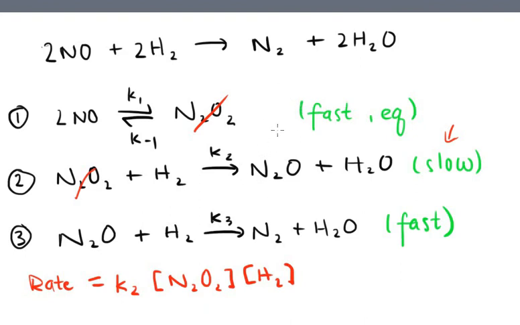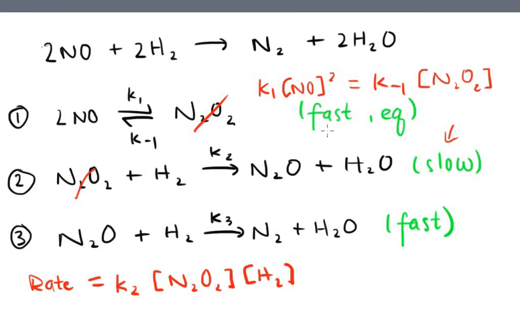So we can essentially define this as K1 NO squared is equal to K minus 1 N2O2.